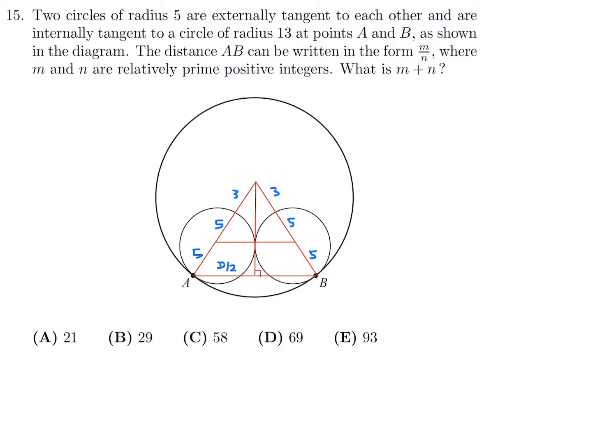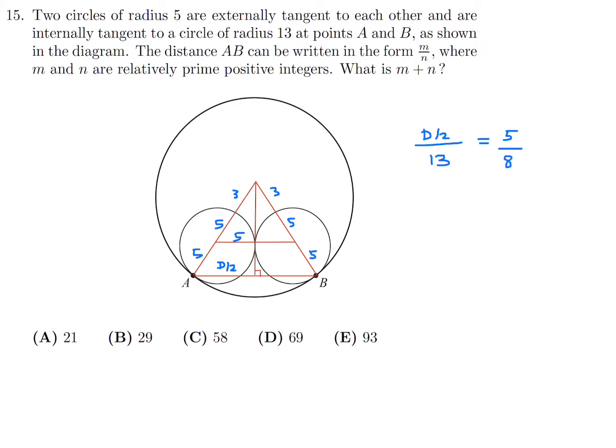Okay, so I see a similar triangle relationship. This triangle is similar to the bigger triangle. So that means D over 2 over the hypotenuse of the big one, which would be 13, is equivalent to this distance, which is just the radius, so that's going to be 5 over the distance from there to there, which is 8.